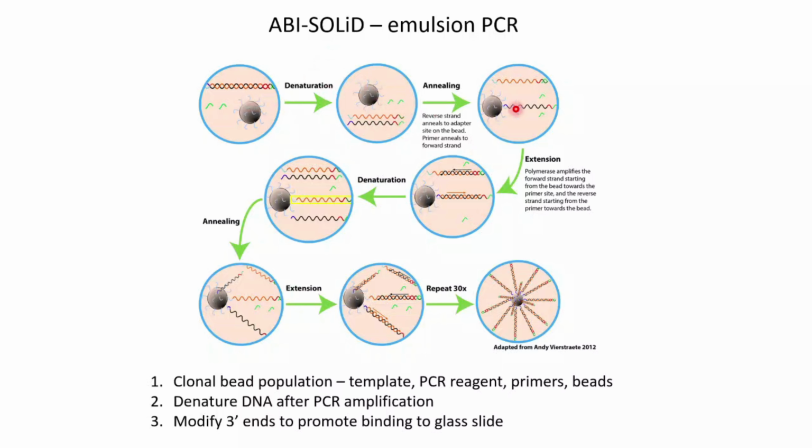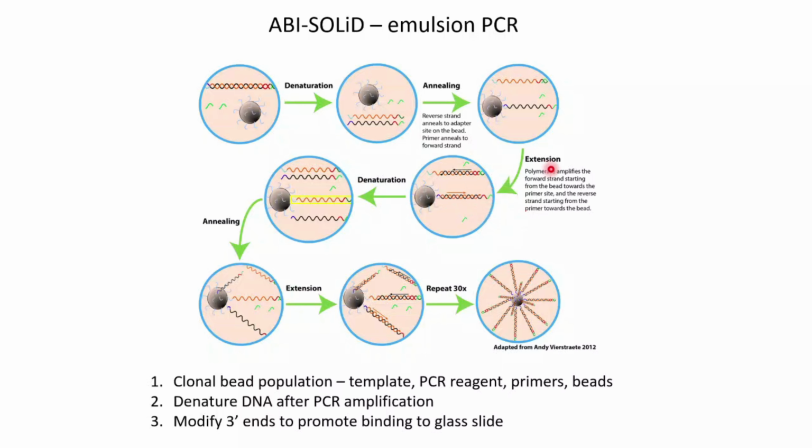And then you're going to attach these using a complementary sequence to one of the adapters attached to a bead. And then you will extend from the other side, because you have the sequence of the other adapter, and then you'll extend from there. But you'll be ligating instead of synthesizing, okay?